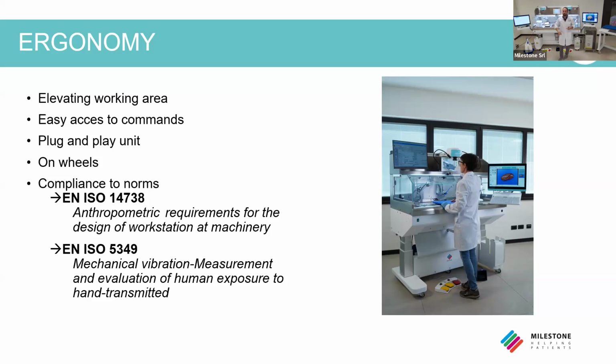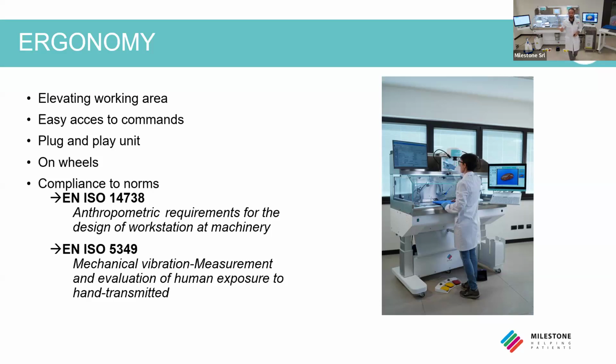Different people have different heights, so they can regulate the height of the working area. Moreover, they can decide whether to work standing or sitting, with, of course, the use of a chair. So we have easy access to the commands and to all parts of the working area.